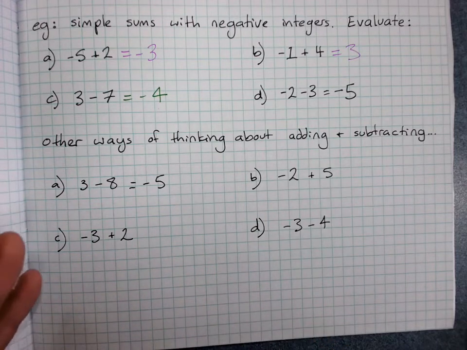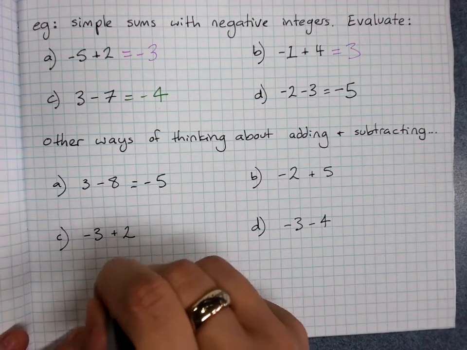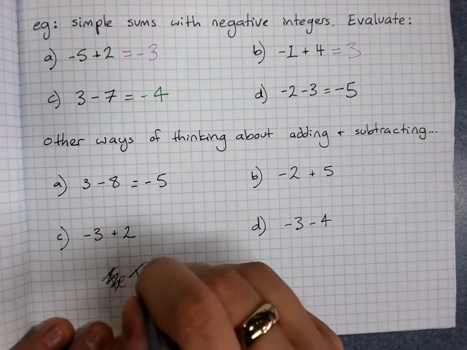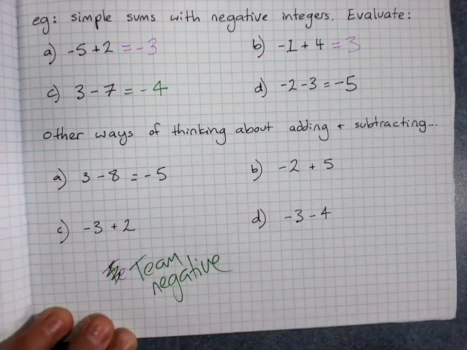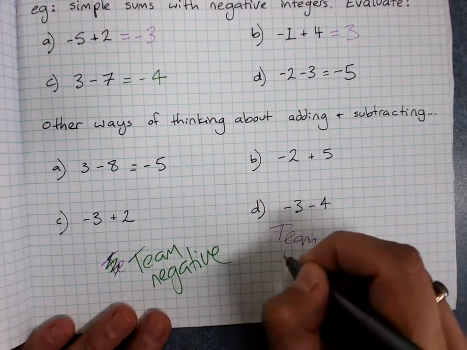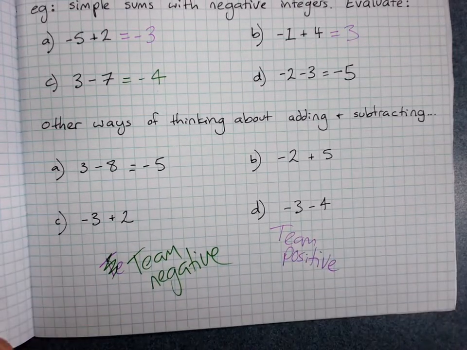Another way of thinking about it is a tug-of-war. Team negative and team positive. Everyone on each team is exactly equal.